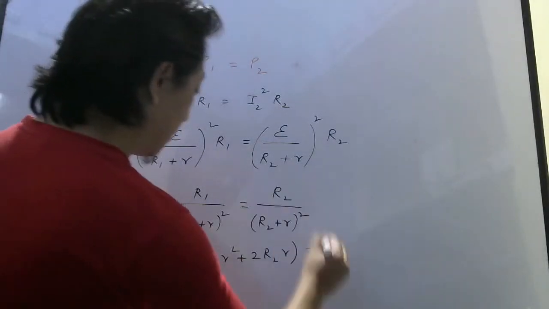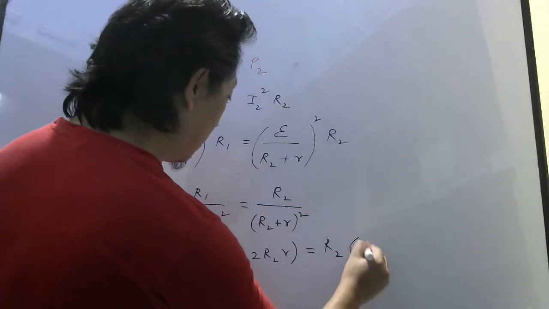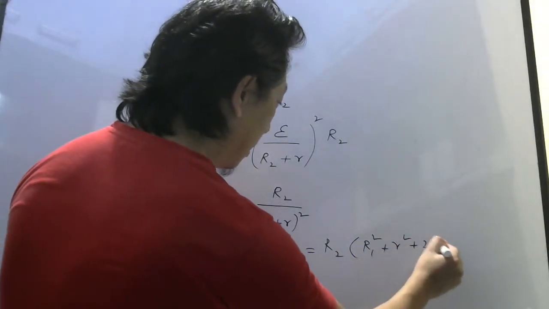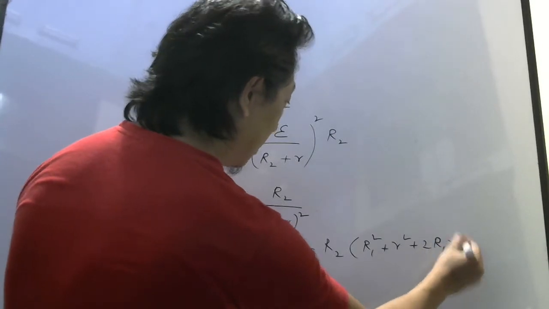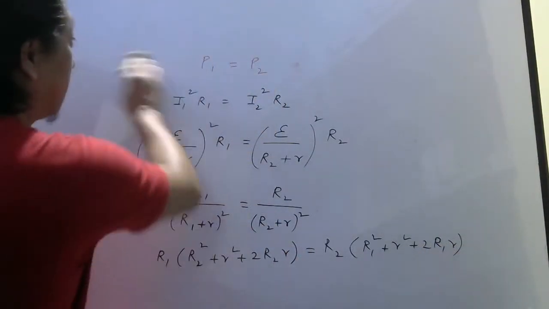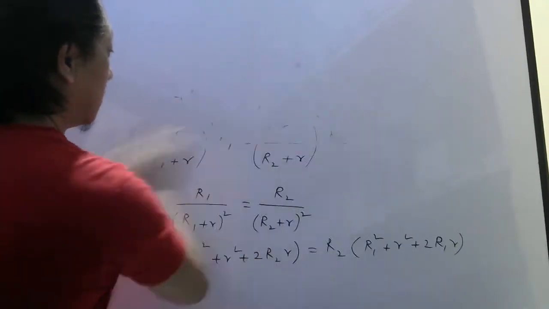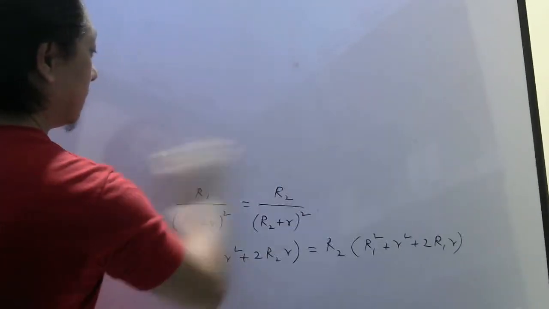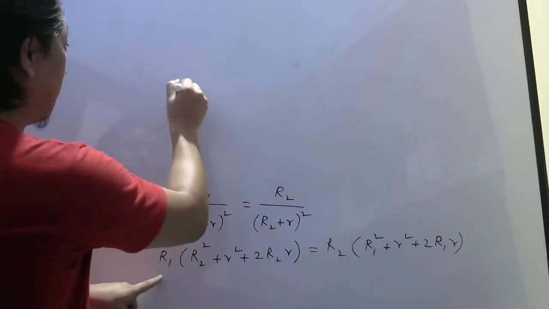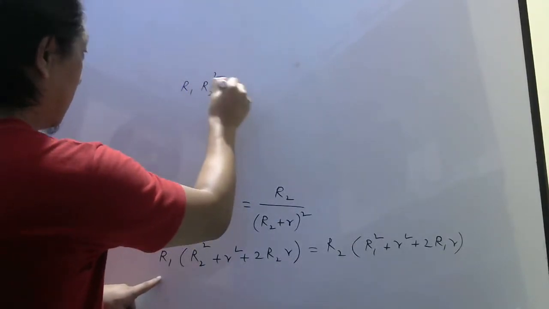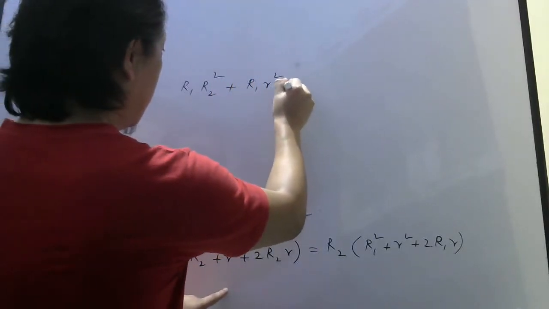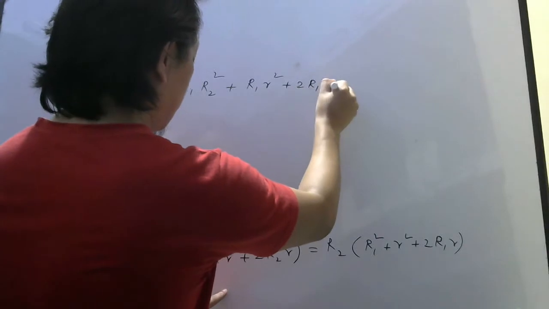And here you cross multiply, R2 into (R1 square plus r square plus 2 R1 r). Then multiply with R1. The first term will be R1 R2 square plus R1 r square plus 2 R1 R2 r.